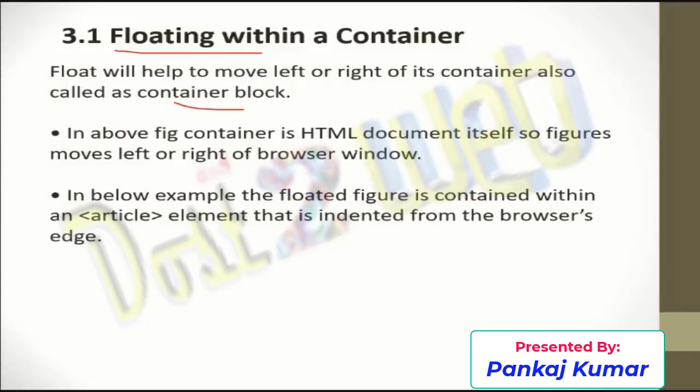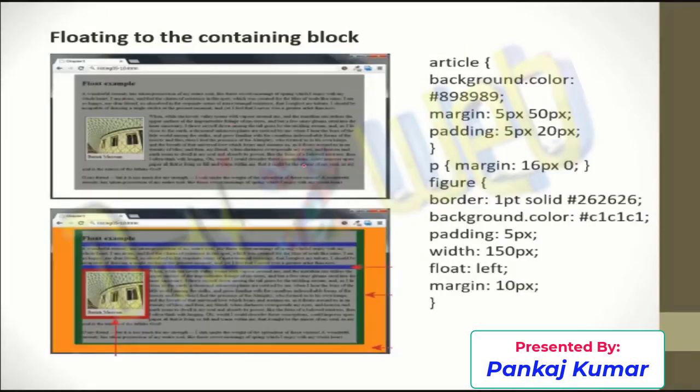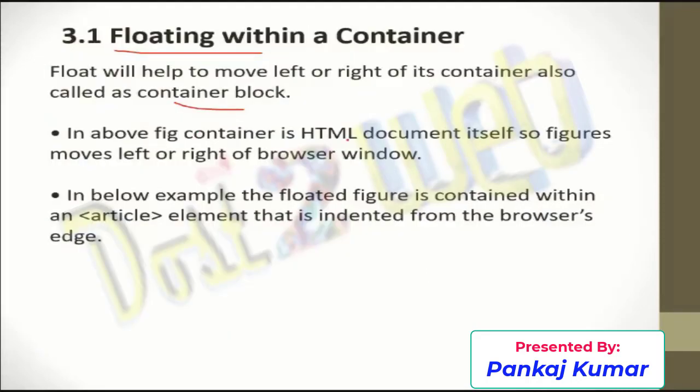You can see in the figure the floating of the container block. This area I have defined only for the block. So the containing block I have defined, and in this only the image is going to be defined. That's what is explained here.